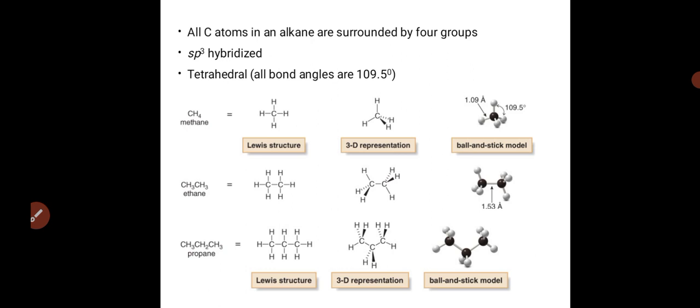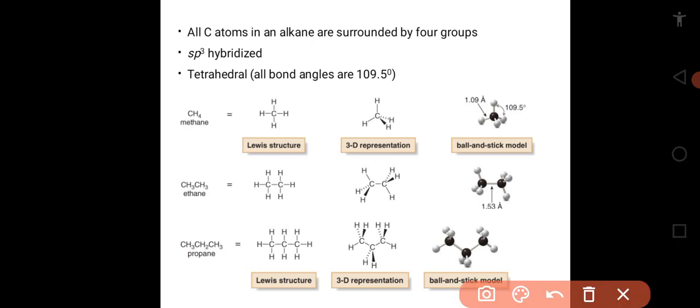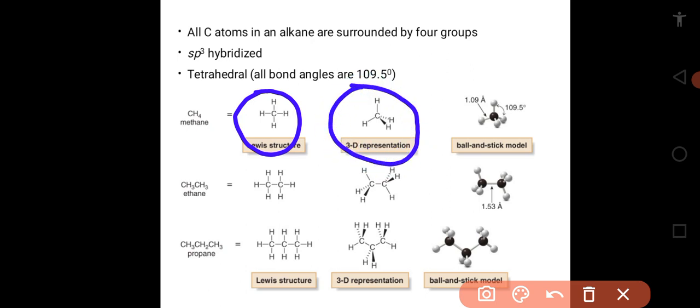And we also have different ways of representing organic compounds. We have the Lewis structure. If you are asked to draw a Lewis structure of a compound, it is always like this. If you are asked to write the 3D structure, it is always like this. And if you are asked to write the ball and stick structure of an organic compound, you write something like this.